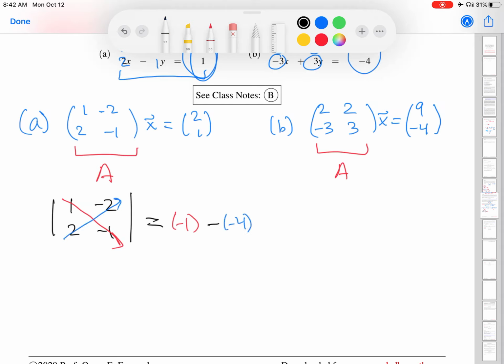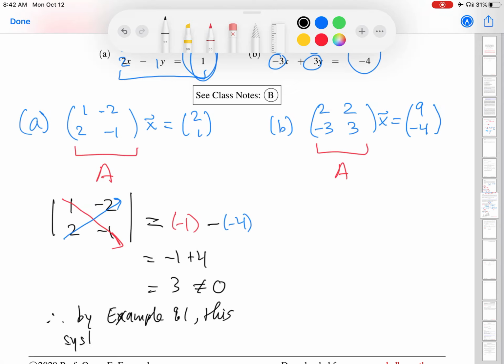Okay, so we have -1 plus 4 equals 3. So that is non-zero. Therefore, by example 9.1, this system has a unique solution.